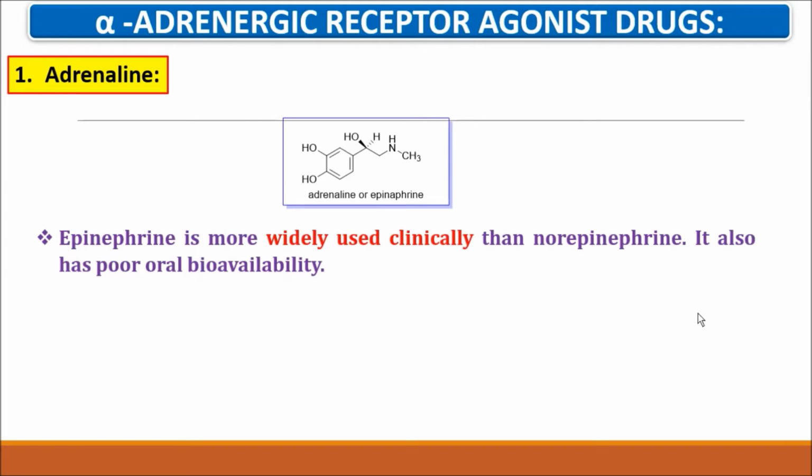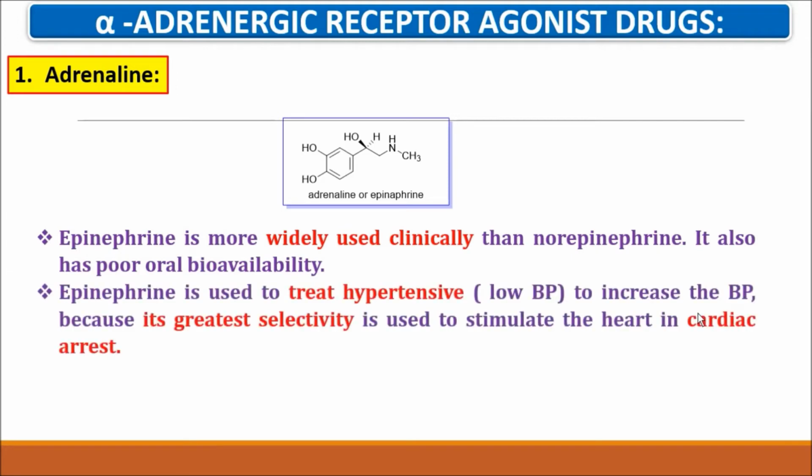It is used to treat hypotension, majorly to cure low BP. When you use this compound, it increases the BP, and it stimulates the heart in cardiac arrest. Sometimes when the heart is stuck, then we use this compound to stimulate the heart.